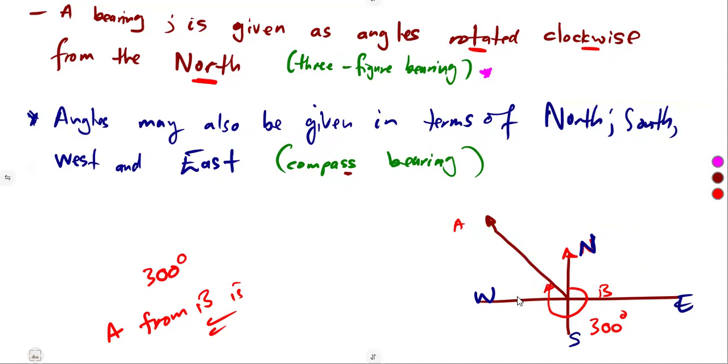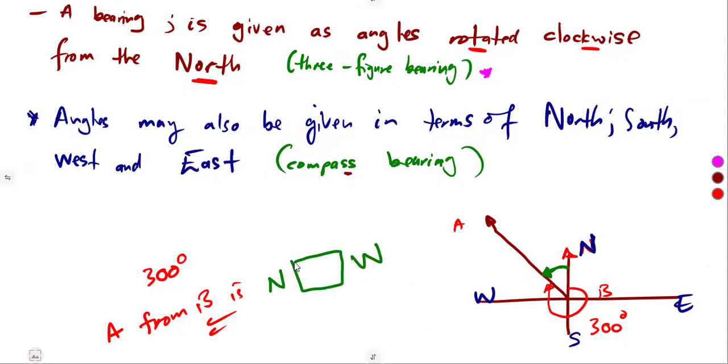So it is either you're going to take it from west to north, or you're going to take it from north to the west. If you take it from north to the west like this, what is the angle in between? So we can say the bearing is north. We need the angle here going to the west.